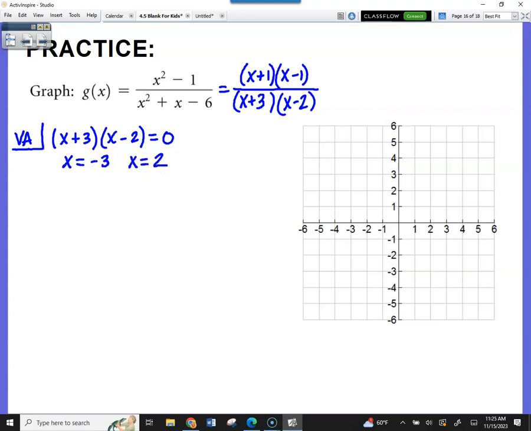Because this is a vertical asymptote, those are where we're going to drop our highlighted lines. Now, if I said what's the domain, then it would be all real numbers, but you need to skip over -3 and 2. This didn't ask for the domain, but you can practice writing that if you want.